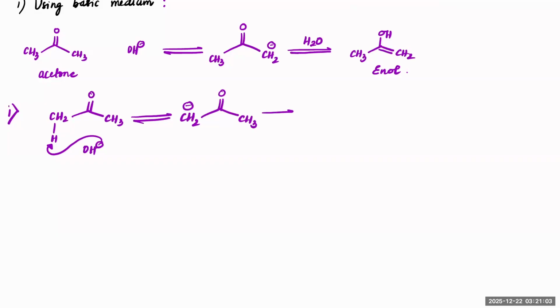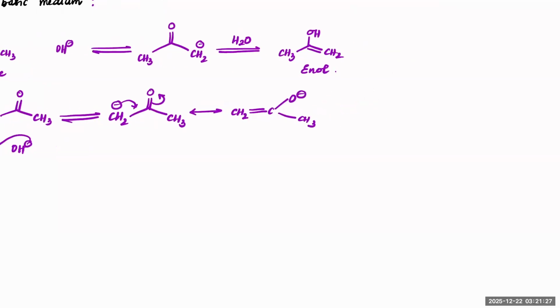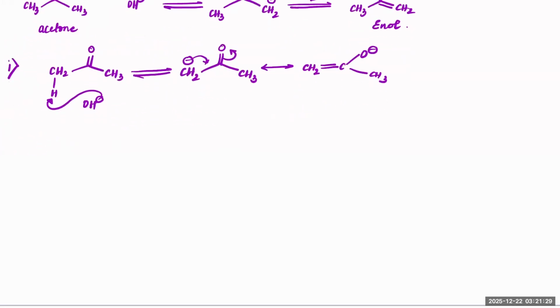Now notice this can undergo tautomerism. See the difference in the symbols, everybody. This is the equilibrium symbol. This is the resonance symbol. So we will get this as CH2 double bond C, because you are pushing the electrons away towards oxygen. So we get O minus and CH3. So this is step 1.